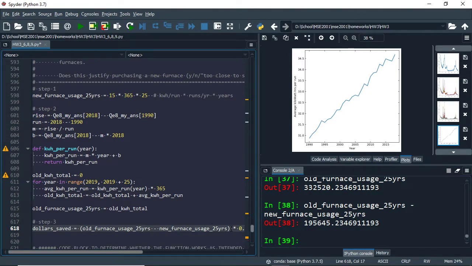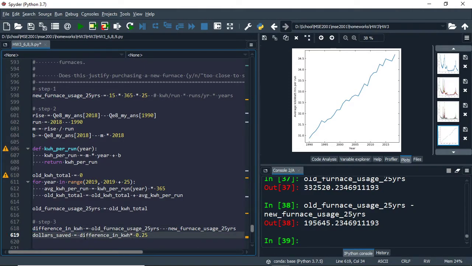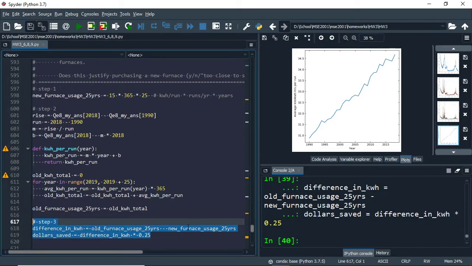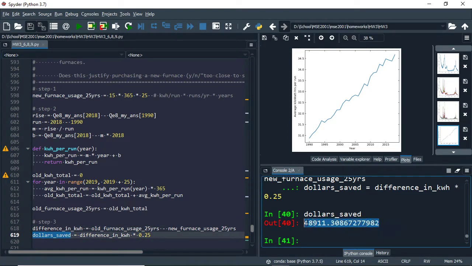And let's go ahead and make this its own difference in kilowatt hour. And that difference times the cost of 25 cents, that's going to give us our dollars saved.